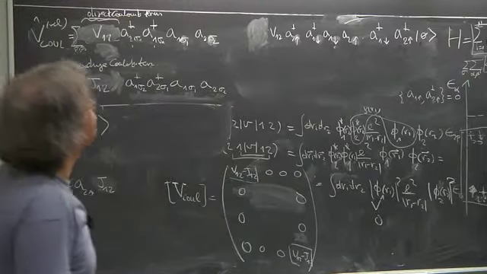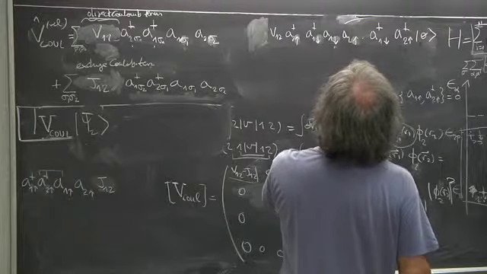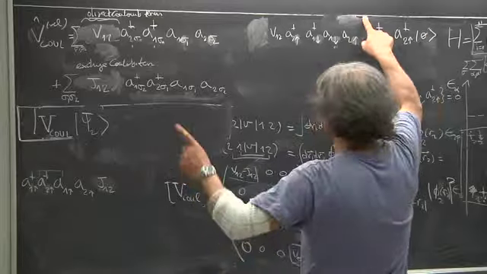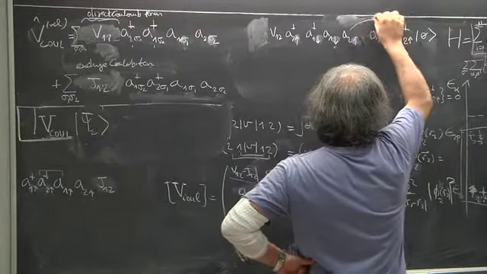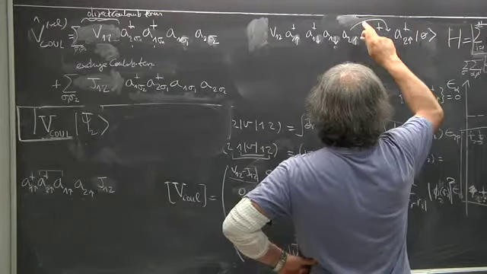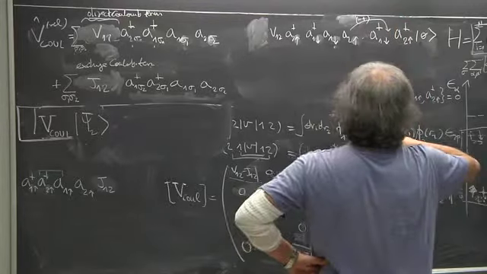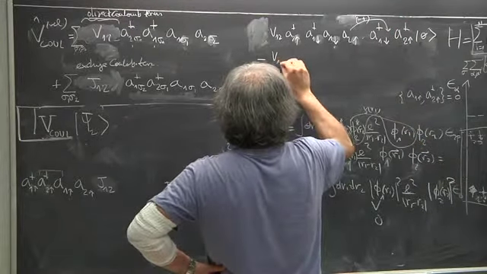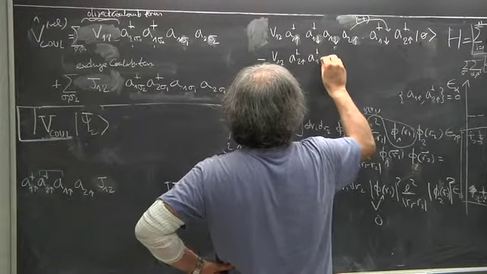Okay, good. So let us do the exercise. In order to apply the same thing we did before, I should bring this there. This costs a minus sign. Good, minus 1. Good, let's do it. So this is minus V1,2, A dagger 2 up, A dagger 1 down.